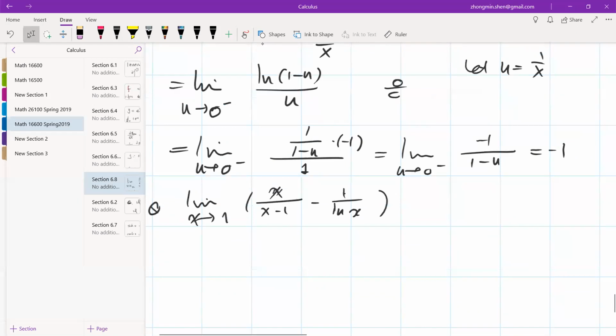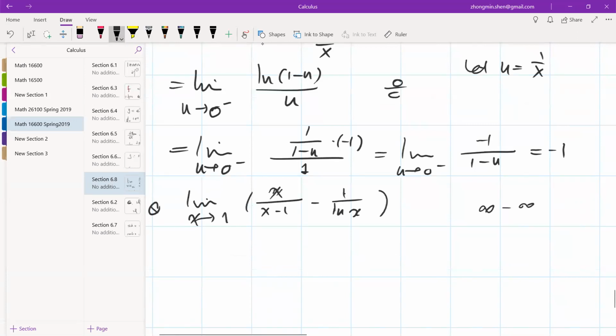The first term, x over 1 over minus x, approaches infinity, so it's an infinity minus infinity type, and we cannot determine the limit at the very beginning. So you have to modify this function.